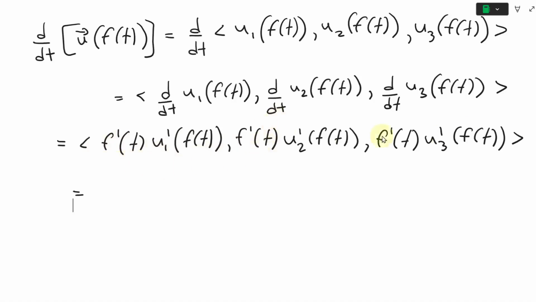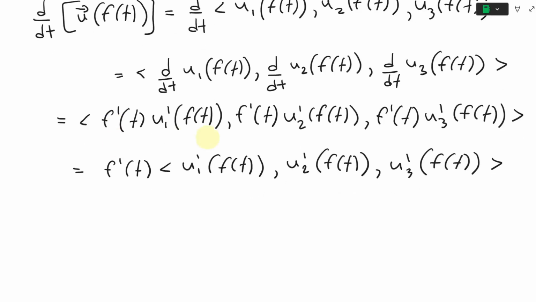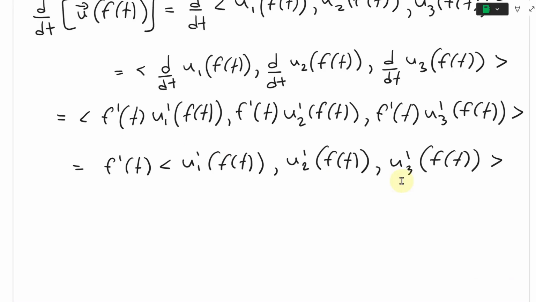So we take it out of this whole vector, and we get f prime of t times the vector with u1 prime of f of t, and just for completeness, writing the whole thing out, u2 prime of f of t, and then u3 prime of f of t. And lastly, this is just the vector u prime of f of t. So this equals f prime of t times u prime of f of t, a vector function.